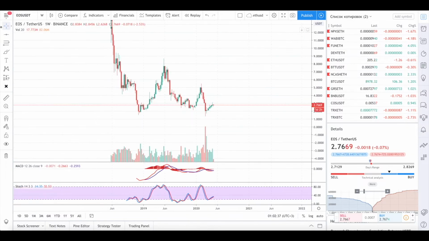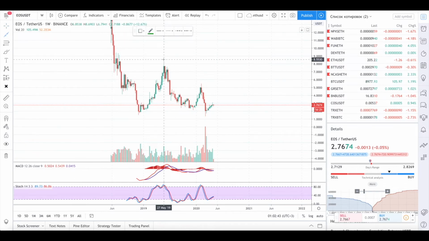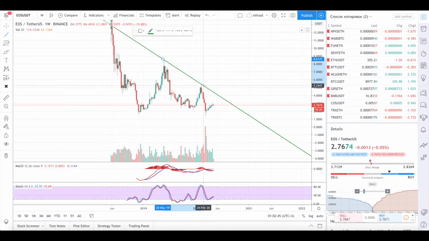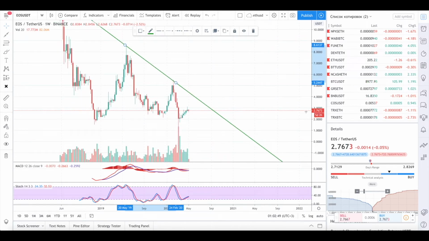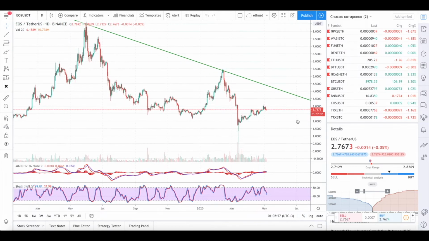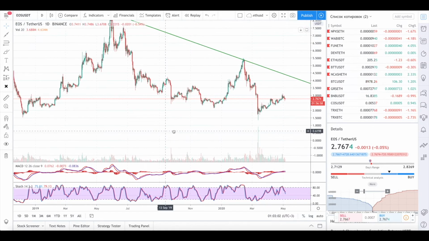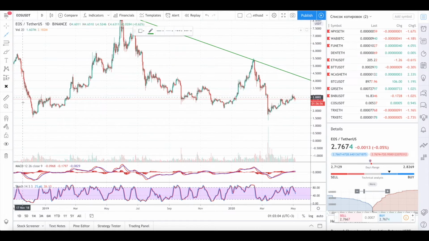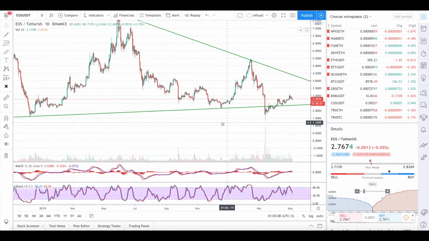EOS is a very interesting coin. Globally, EOS is now in a downtrend. Locally, an uptrend has been observed for a rather long period. Prior to this, we see another trend line has formed, and we got a triangle.